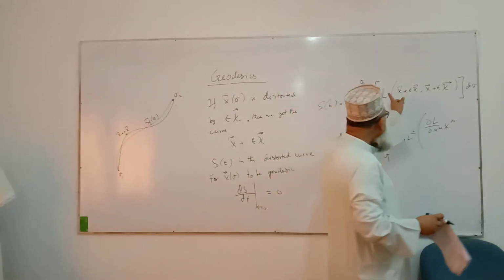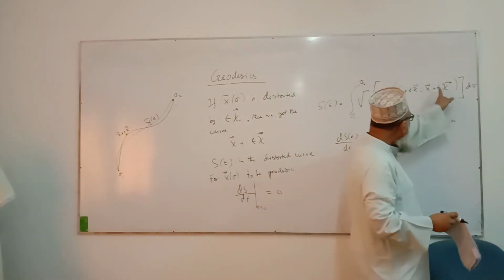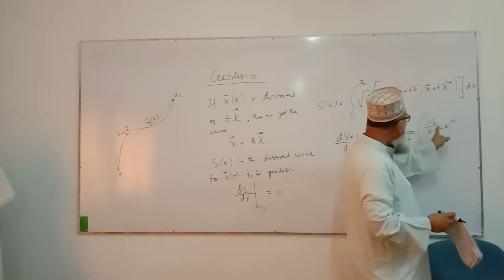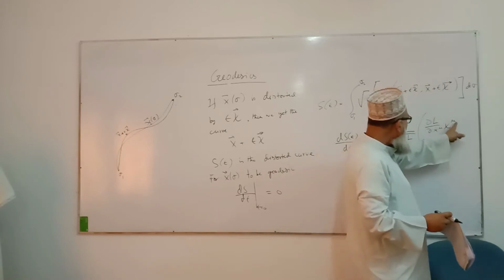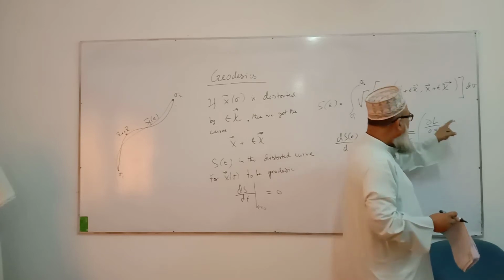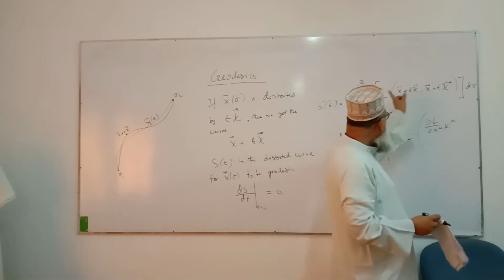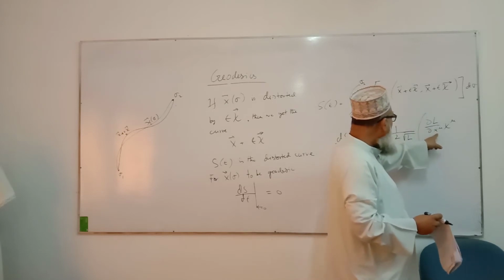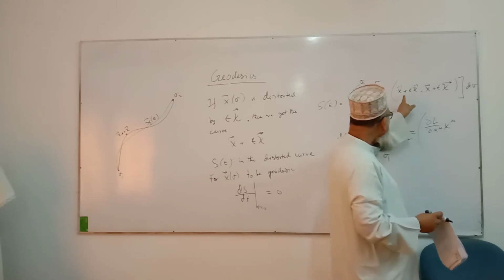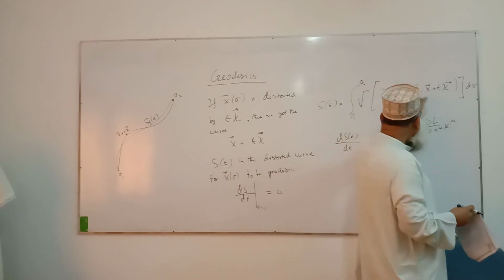In component form, L is a function of x dot mu and chi dot mu. So this is the differentiation of L with respect to x dot mu, because L is a function of this.